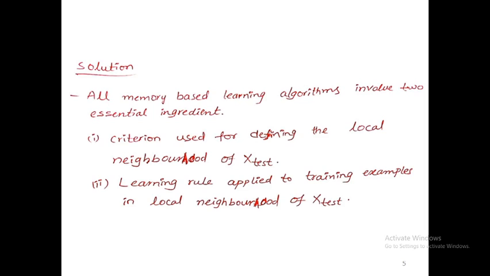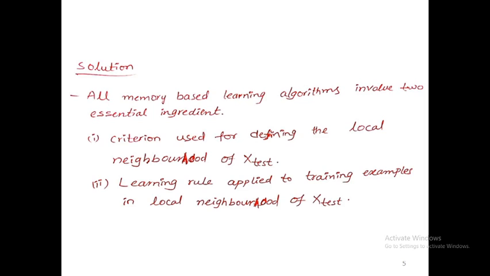Generally, all the memory based learning algorithms involve two essential ingredients. One is the criterion: what criterion are we using for defining the local neighborhood of the x test? Local neighborhood means, if you want to find out which classifier the x test belongs to, around that area there is a local neighborhood of the x test.